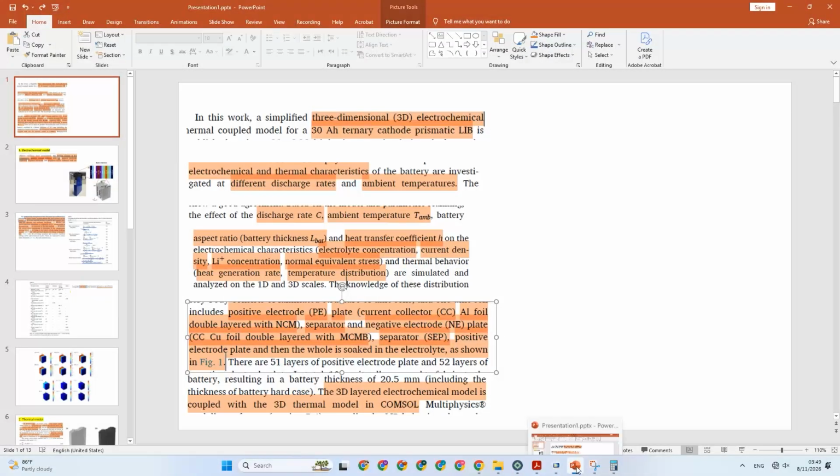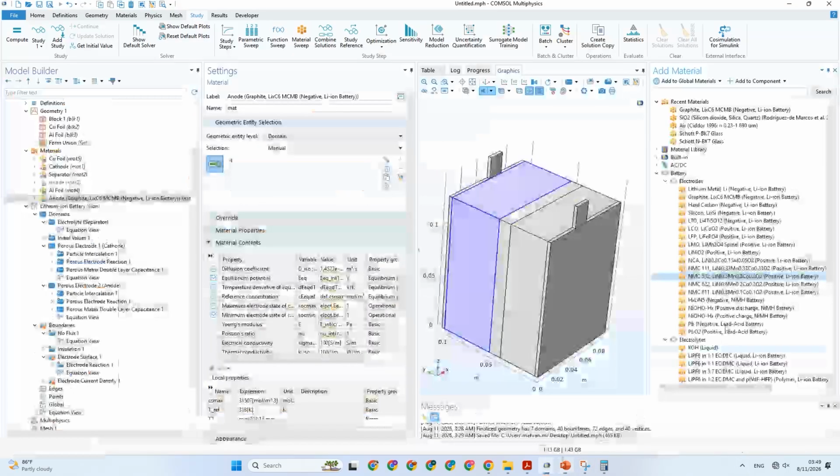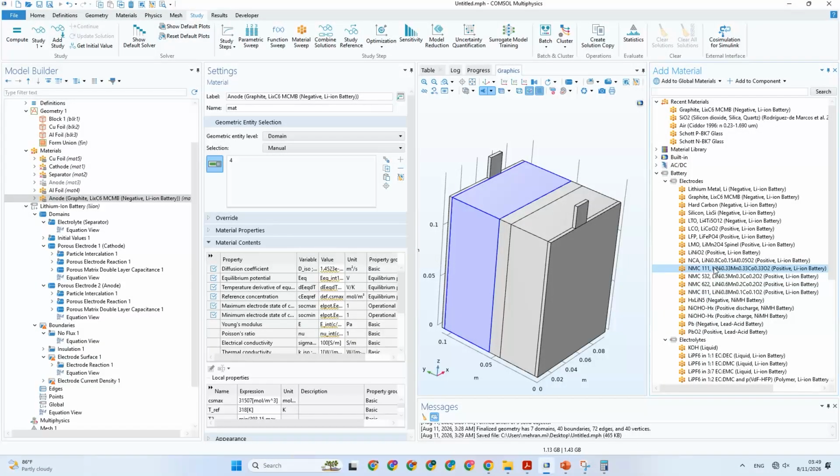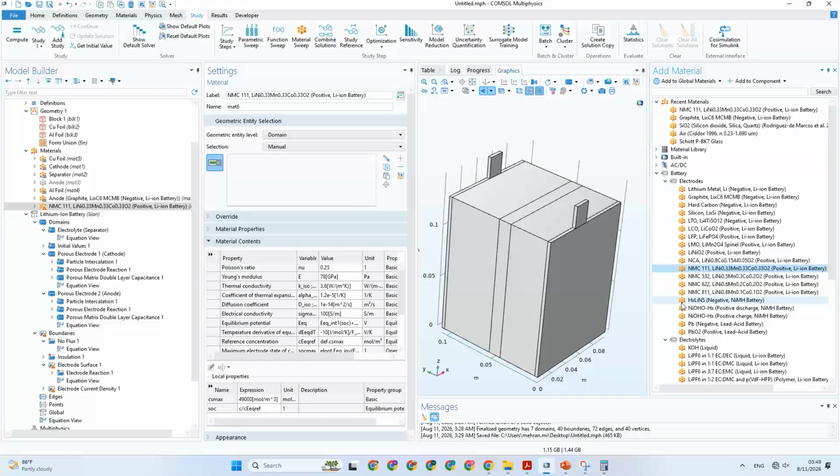Okay, look at this, it is NCM, but we see here NMC. It's okay. NMC, I don't know which one, but we can use one of them. I choose 111. Okay, I choose this one, for example, and it will be cathode.